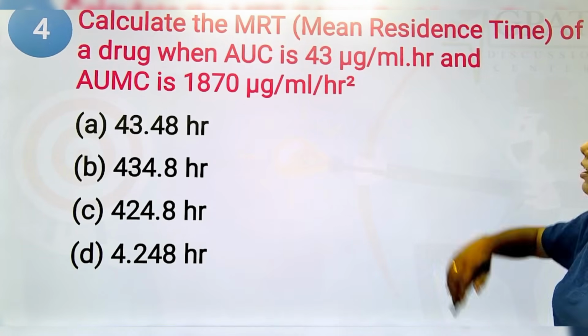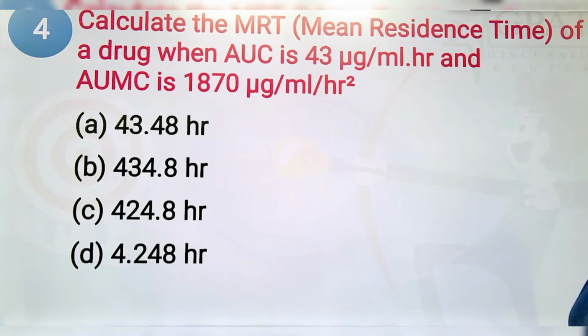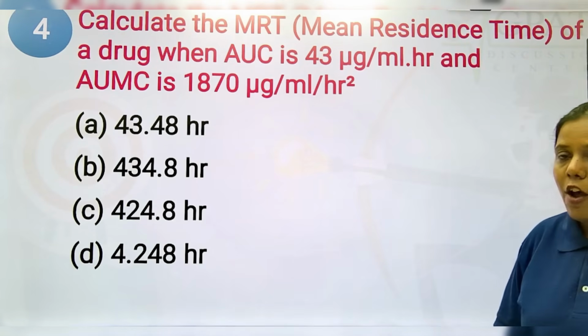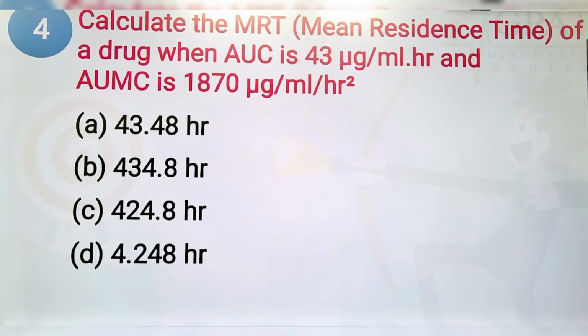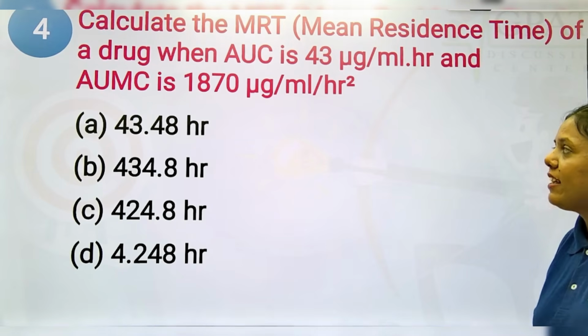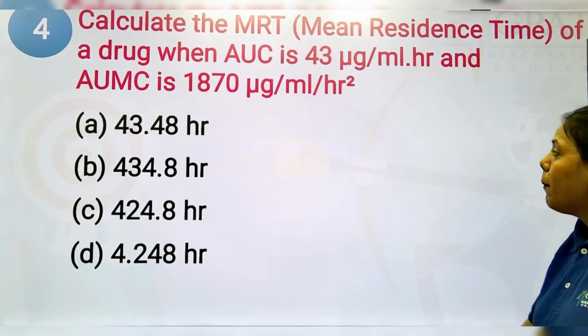Next is about calculating the mean residence time of a drug when AUC is 43 microgram per ml per hour and AUMC, that is area under moment curve, is 1870 microgram per ml per hour square.